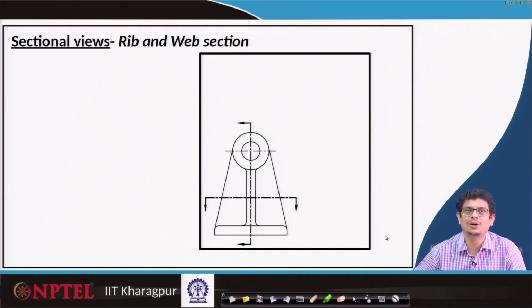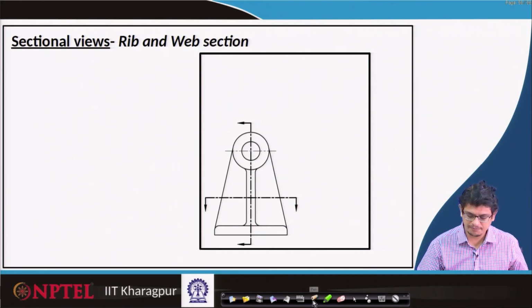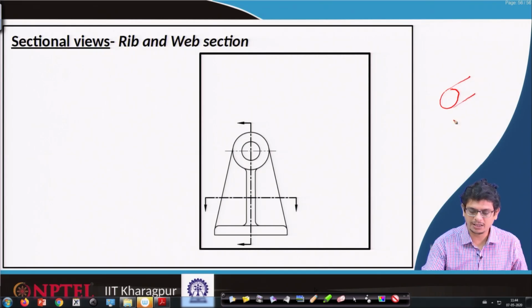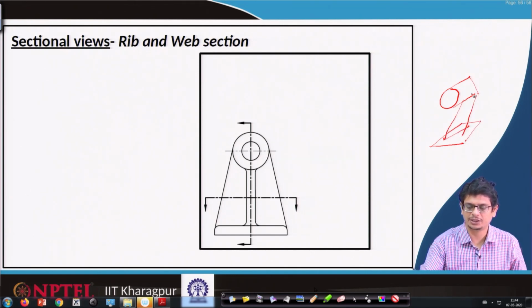So, let us look at one such machine element. We have a three-dimensional object here. There is a part, and that part is supported by a base, and this is connected by a flange.